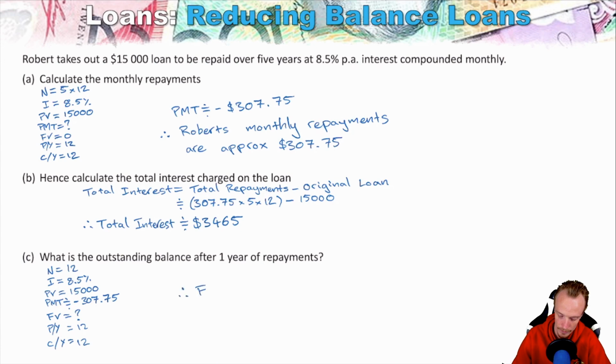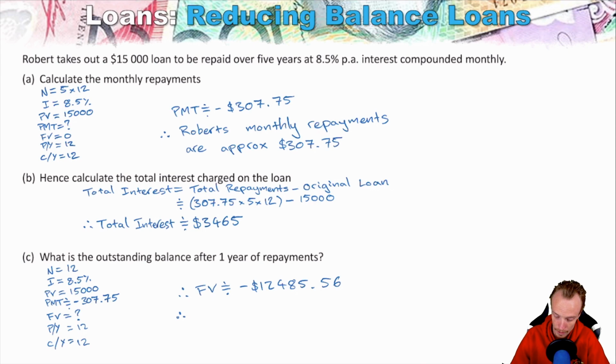So now our future value is going to be approximately negative $12,485.56. Because it's negative, once again, we should interpret it.